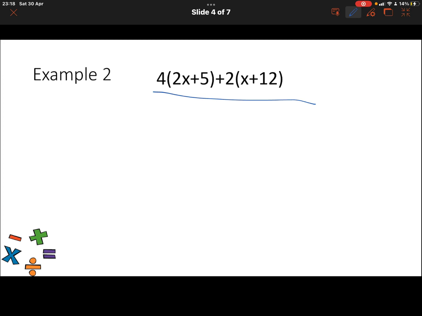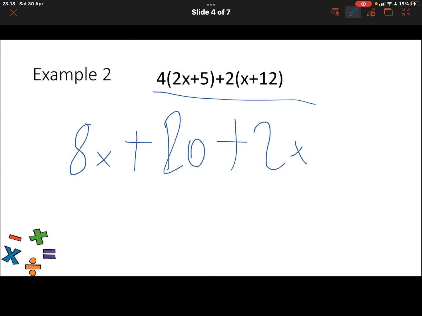4 times 2x. So what would be 4 times 2x? That would be 8x. Yeah? Plus 20. Oh, sorry about that, my maths is a bit skew. 2x plus 24.